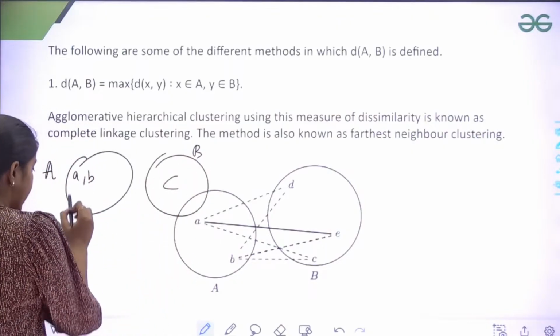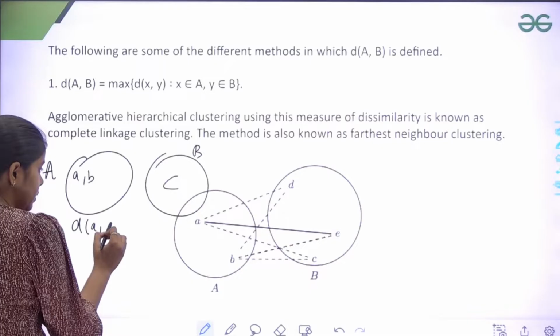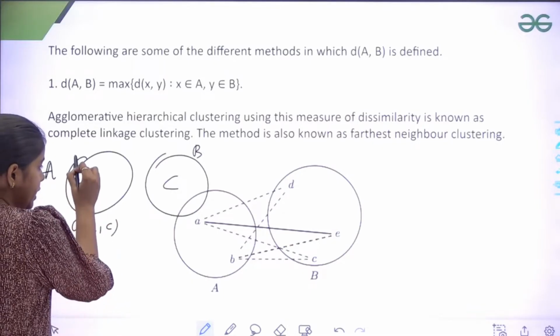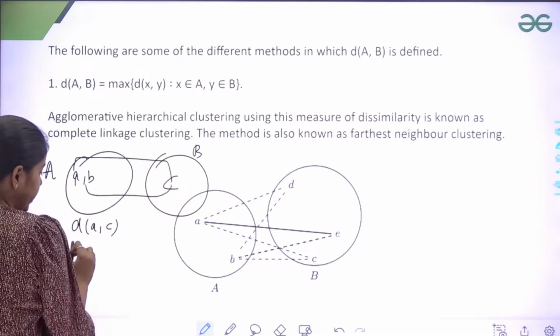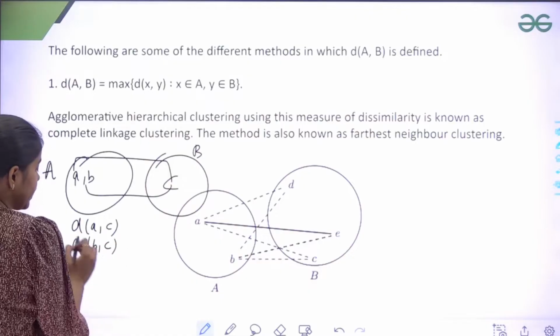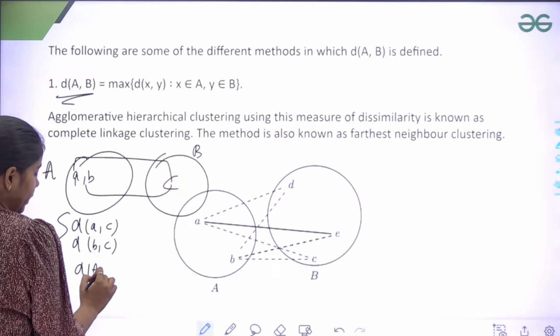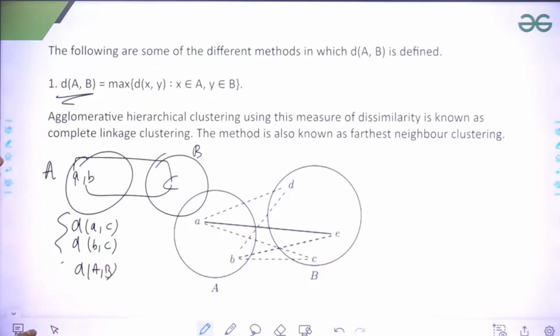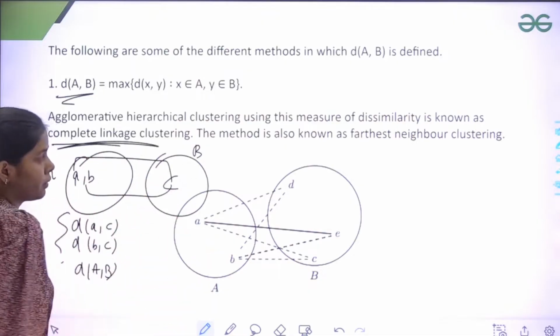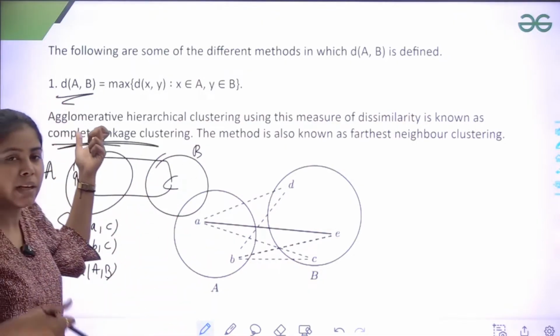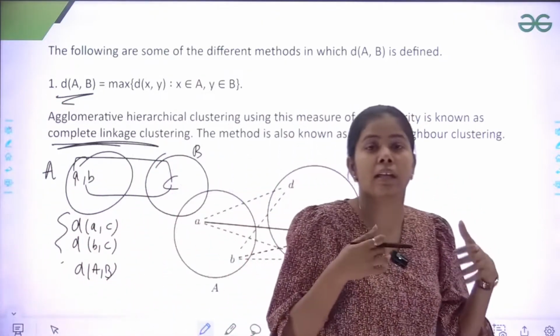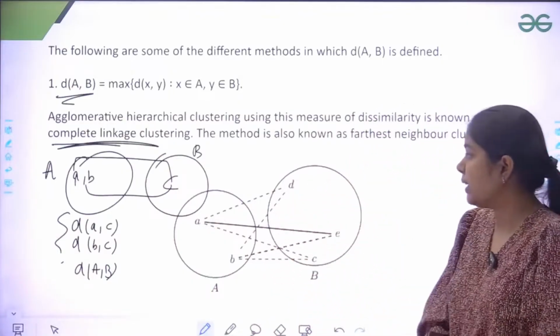I'll find the distance of a comma c, the distance of a with c and of b with c. Whichever is maximum, I'll denote it as D capital A comma B. And this is called complete linkage clustering. If I use this in agglomerative clustering, it is called complete linkage clustering.